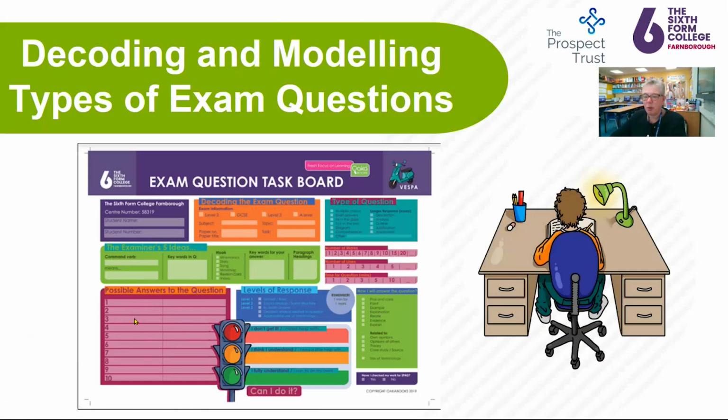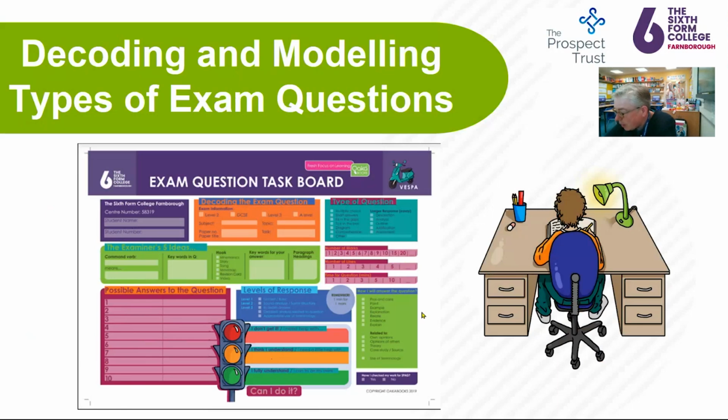For the levels of response, is it level 1, 2 and 3? For level 1, is it basic? For level 2, is it sound? Level 3, is it in-depth? And I've got a traffic lighting system here. I don't get it. I think I understand, and I fully understand. Then finally, how am I going to answer that question?